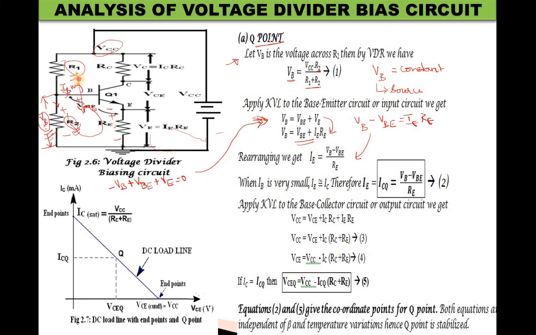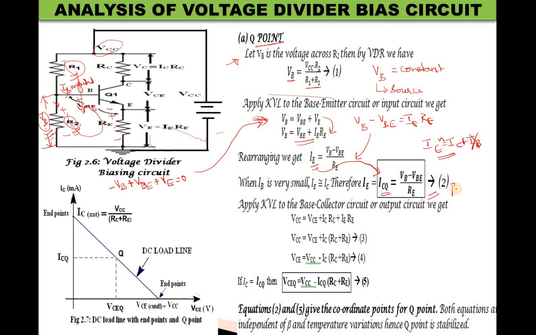IB is neglected. When I neglect IB, you know the equation of a transistor, IE is equal to IC plus IB. If I neglect this, IC is approximately equal to IE. So, instead of IE, I can replace it by IC, which I can call ICQ, because this is a Q point value, which is equal to VB minus VBE by RE.